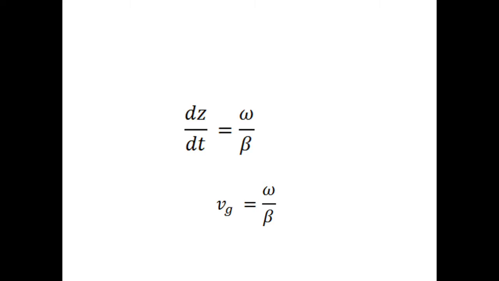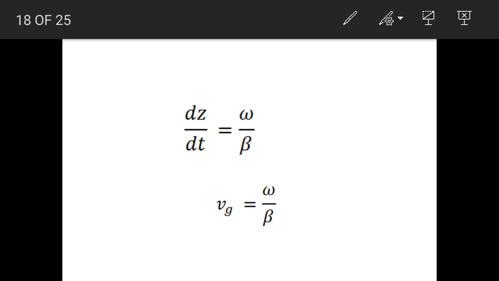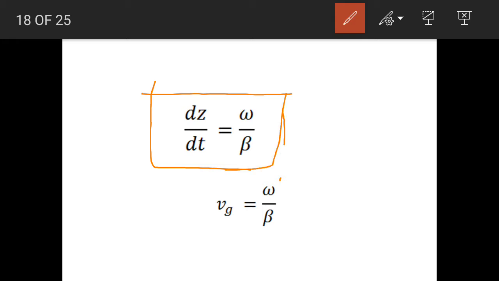Let us simplify this equation now. So dz by dt will be equal to omega by beta. So omega by beta is equal to dz by dt. And what is dz by dt? Dz by dt represents the distance traveled by the light ray per unit time, and the distance traveled by the light ray per unit time is known as the speed of the light ray.